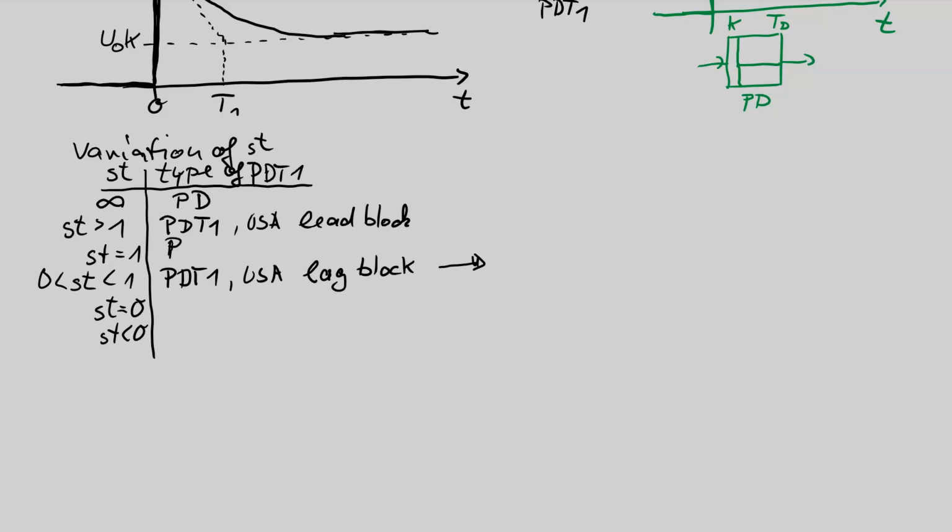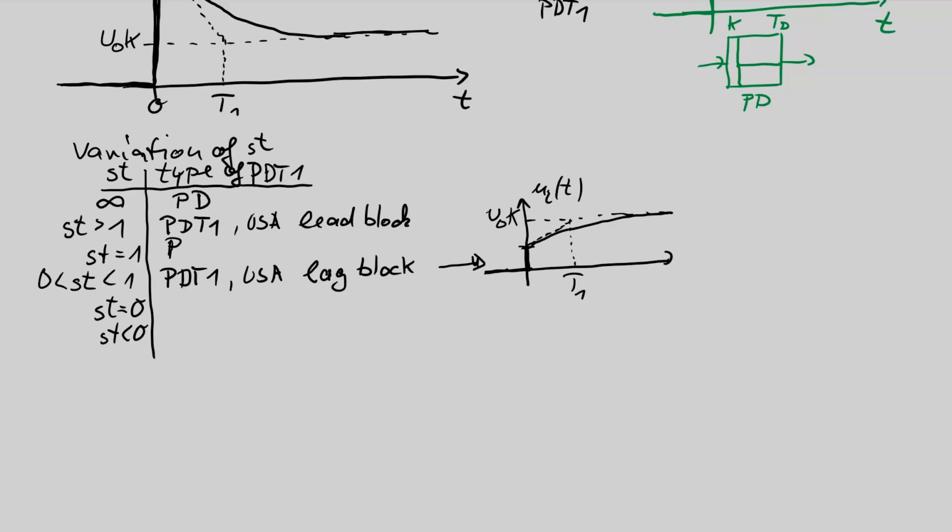Here we should draw the step response. It looks a little bit different. In the lag case, the starting value is smaller than the ending value. So we have here a value U sub O K, then a tangent construction, again T1 as a time constant, and then an exponential function which ends up in the final value.